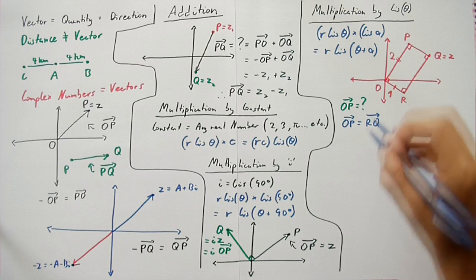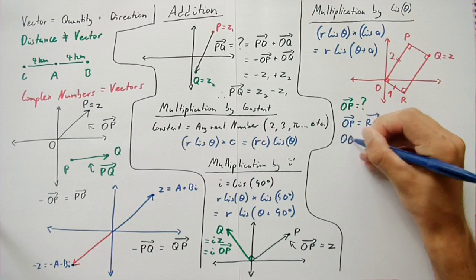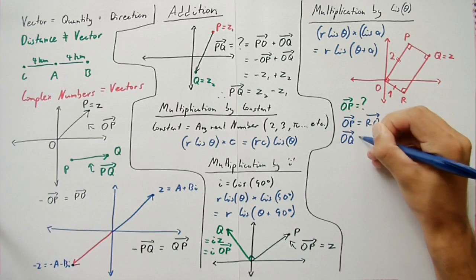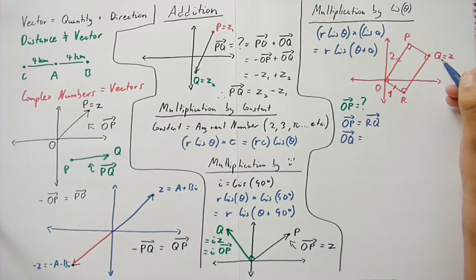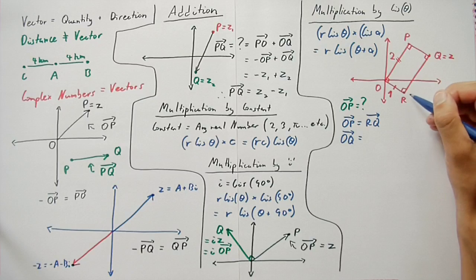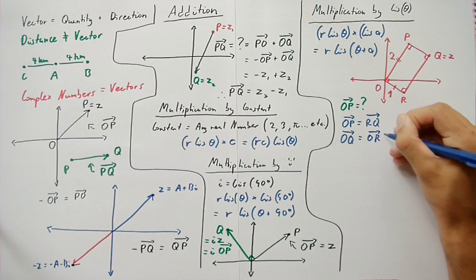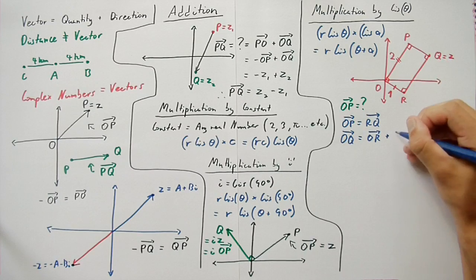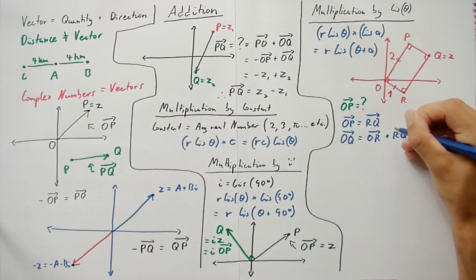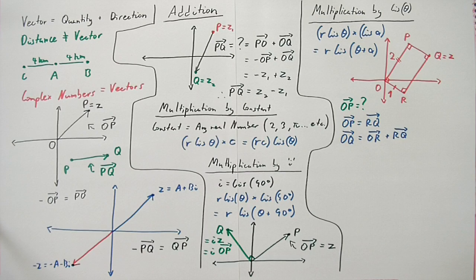Now Z in vector form is OQ. But remember that OQ simply means that we start at O and we finish at Q. So using what we learned about the addition of vectors, we can start from O and then go to R instead, which is OR, and then from R we can go to Q, which is RQ. So OQ is equal to OR plus RQ.